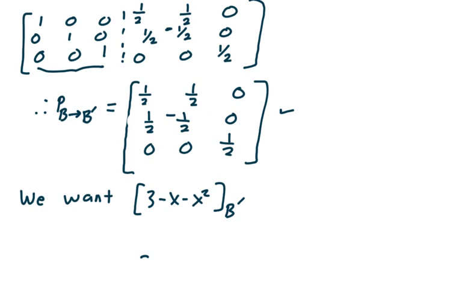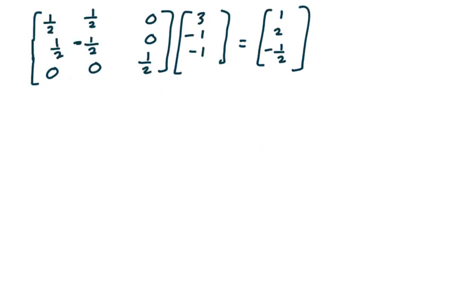Now, I want to use that to find the coordinate vector of 3 minus x squared relative to B prime. This turns into a straightforward matrix multiplication problem. And so here, I'm going to take the matrix 1/2, 1/2, 0, 1/2, negative 1/2, 0, 0, 0, 1/2, and I'm going to multiply by the coordinate vector 3, negative 1, negative 1.